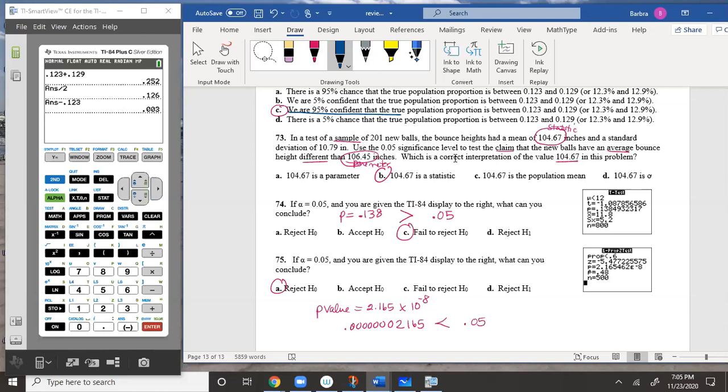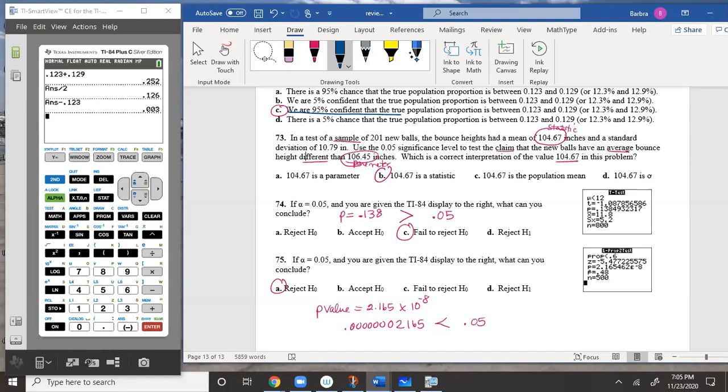It's such a good question because a lot of people actually get confused with what number to represent in our claim. Just know that, in all these problems, I have always underlined the sentence with the word claim in it and the parameter. So the claim is the new balls have an average different from 106.45. So this 106.45 is indeed the claim number, right?